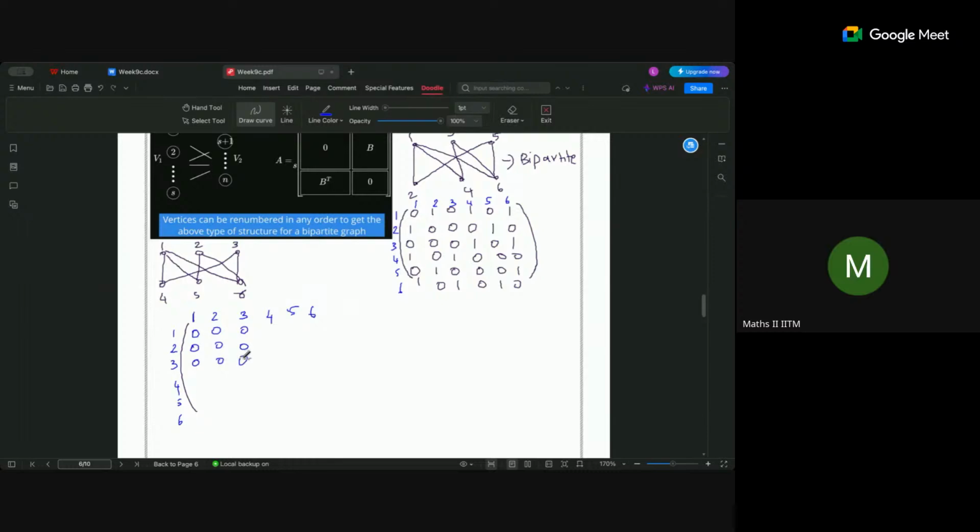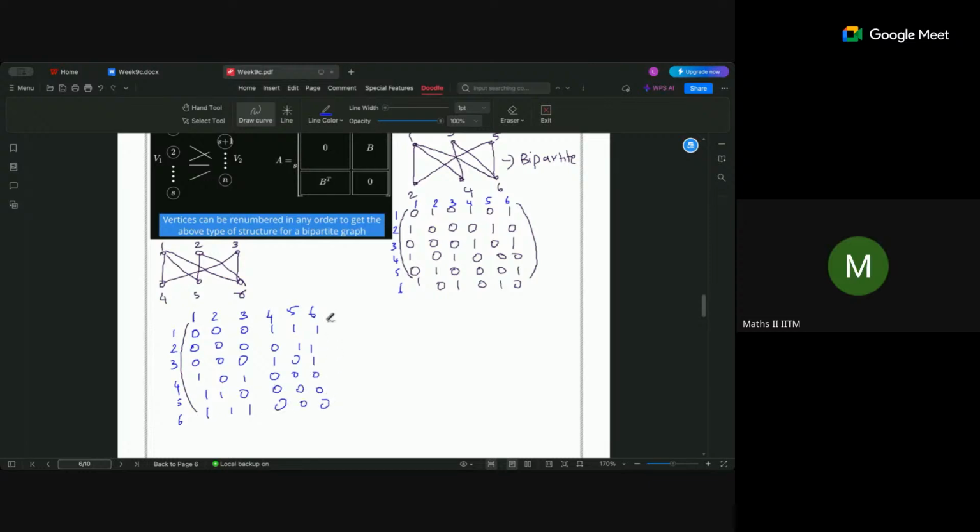Then you have links here only. Please check whether I am doing it correctly. 1, 0, 1, and here 1, 0, 1. Symmetric matrix, right? And these entries are 0 because within 4, 5, 6 there are no links.